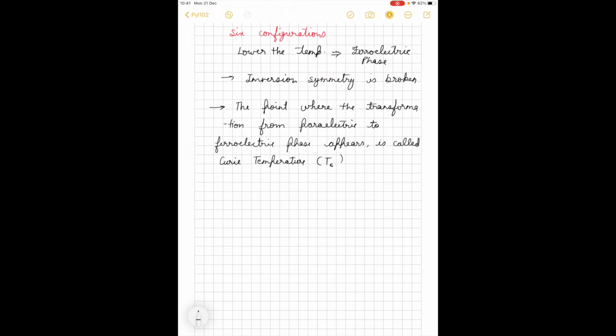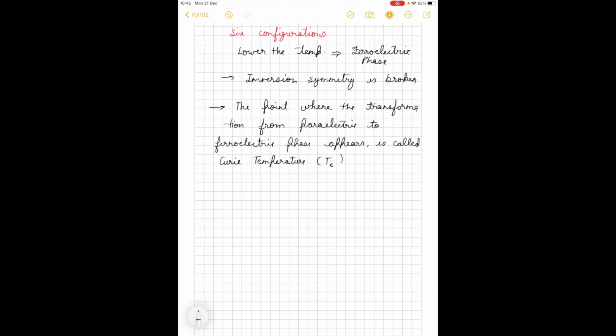Okay, before going, I would like to make another point that, see, it's not just the titanium atom which is moving. The barium and oxygen atoms are also moving, but the overall effect is such that you can think of just the titanium atom moving around its equilibrium position. Otherwise, if I give you exact numbers, the atoms are moving of the order of picometer range.